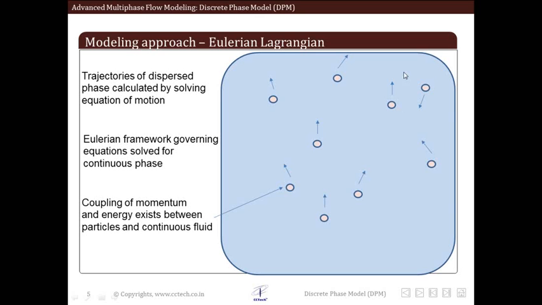That is, governing equations are not solved, but just the equation of motion, that is Newton's law of motion, is solved for these particular discrete phase particles. Whereas for this bluish continuum zone or continuous medium, the Eulerian framework governing equations are solved. That is, Navier-Stokes equations are solved for this continuous phase. Now there is coupling between these discrete phase particles and the continuous phase in the form of drag or lift, heat exchange, mass exchange, etc. So this particular coupling or exchange is modeled using various empirical equations or models.